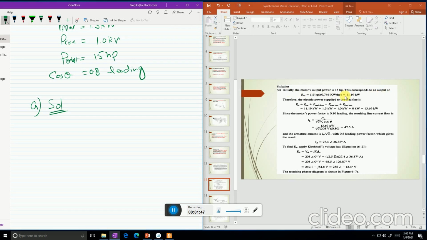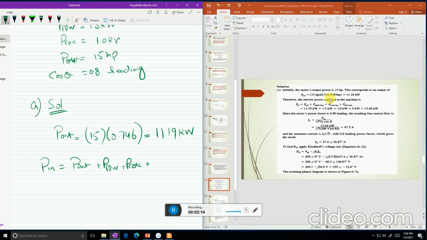This corresponds to P out equal to 15 times 0.746, which is 11.19 kilowatt, and P in will be P out plus P friction and windage plus P core plus P electric or copper losses. Adding these, P in will become 13.69 kilowatt.